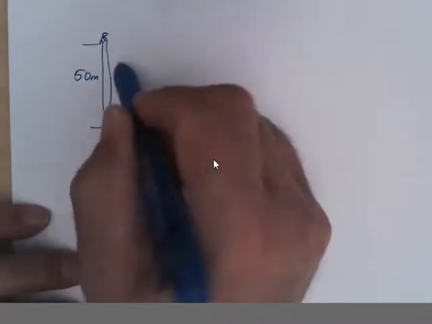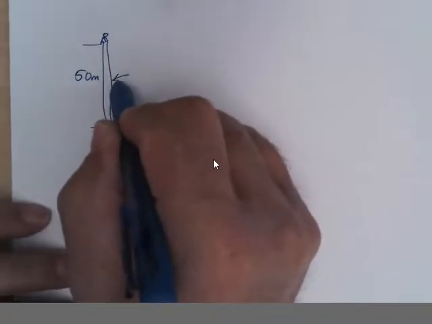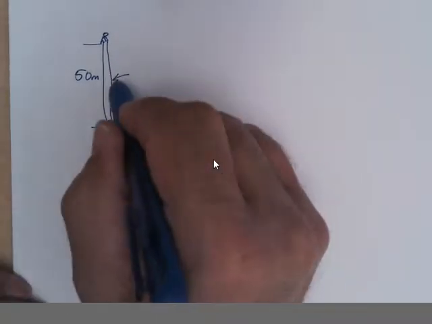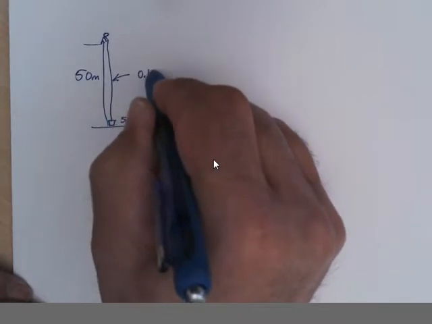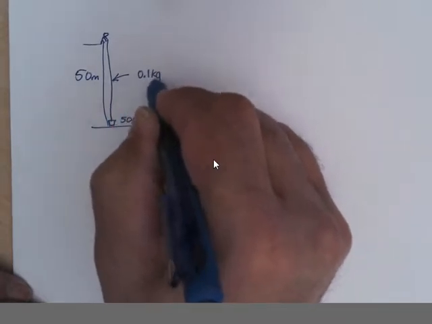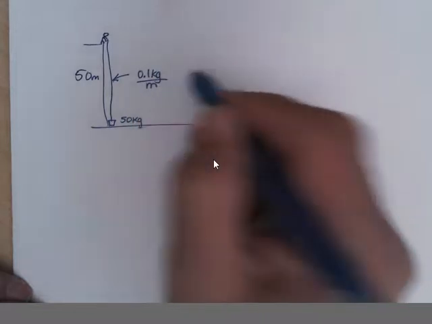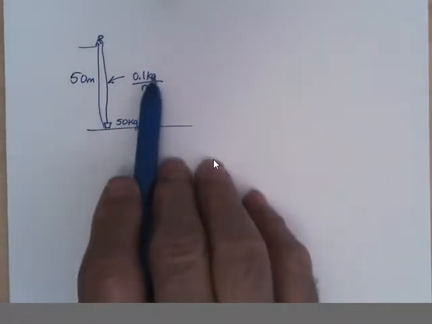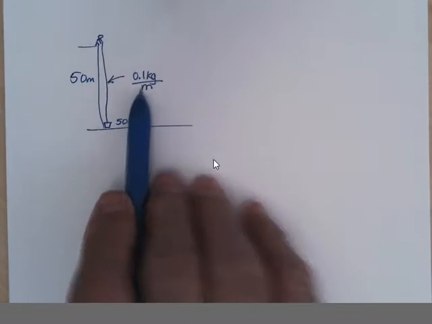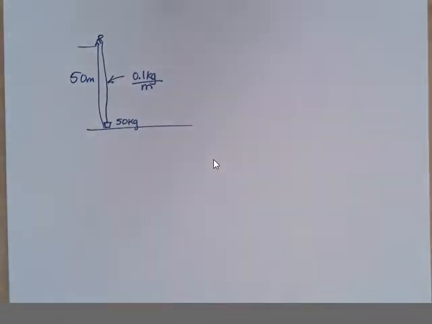So let's say that I give you that the mass of the rope is 0.1 kilograms per meter. So if there's 50 meters of rope, 50 times that means the rope is about 5 kilograms, which is about 10 pounds, 10.1 pounds.